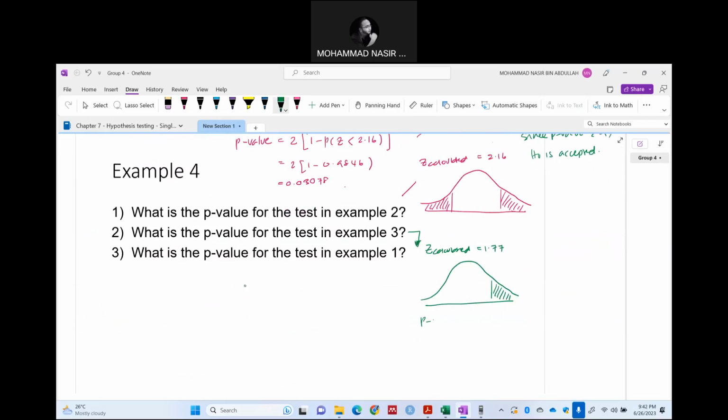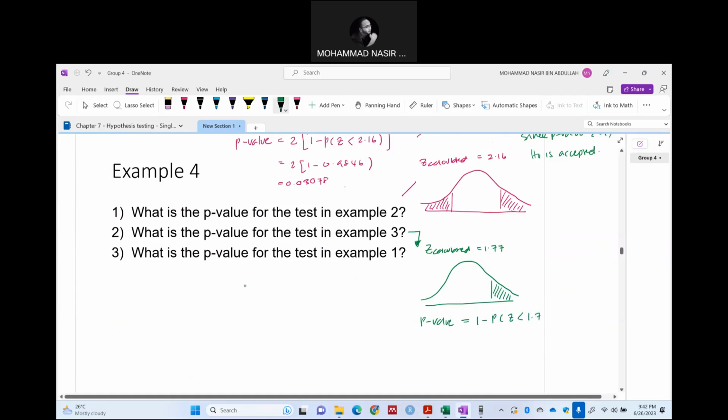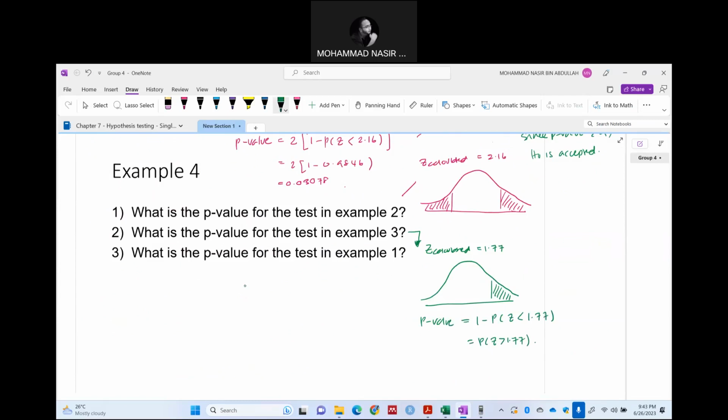To find the p-value, it should be 1 minus the probability of Z less than 1.77. This is also equal to the probability of Z more than 1.77. Okay? If you are using your statistical table, you can use this formula, and you can straight away get the answer. If you use the calculator, you can use this formula.